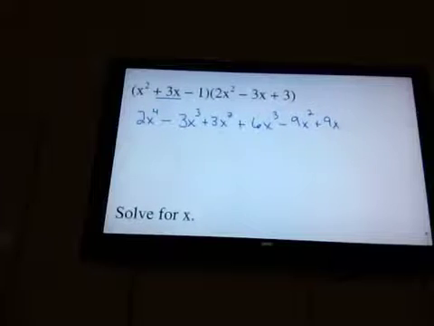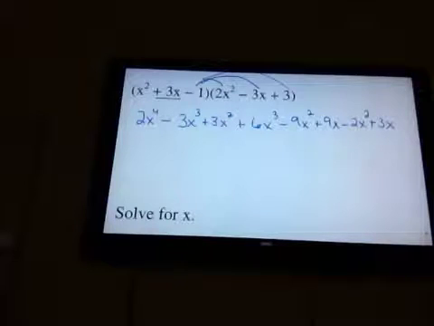And then negative 1. Negative 1 times 2x squared, negative 2x squared. Negative 1 times negative 3x, positive 3x. Negative 1 times 3, negative 3. So you should have 9 terms there because you multiplied 3 terms times 3 terms.